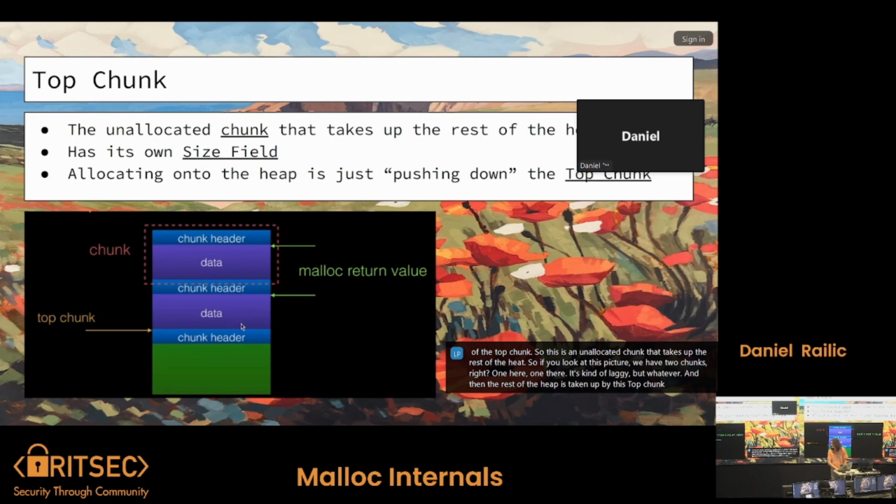It's got its own chunk header with its size, and the rest is just the chunk itself. When you're allocating data with Malloc onto the heap, you're pretty much allocating it from this top chunk. You can think of it as pushing the top chunk down, because you're creating chunks on top of it.